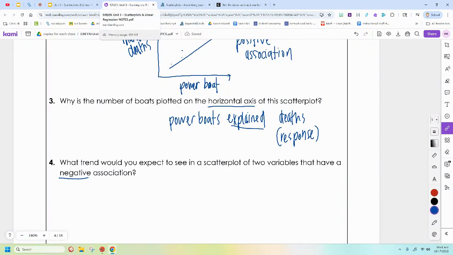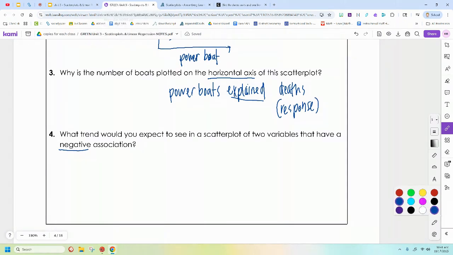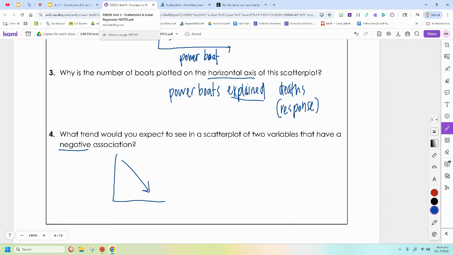Woo! Okay, so what trend would you expect to see if we have a negative association? So yes, in simple terms, it goes downhill, but that's not how we actually explain it.